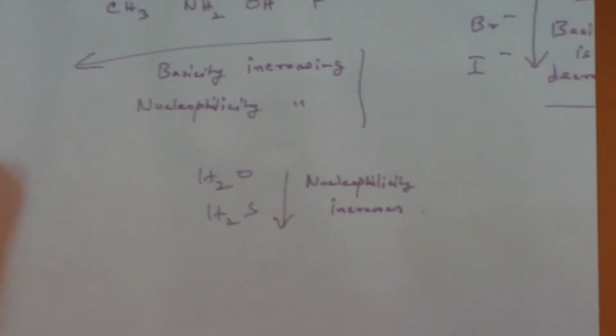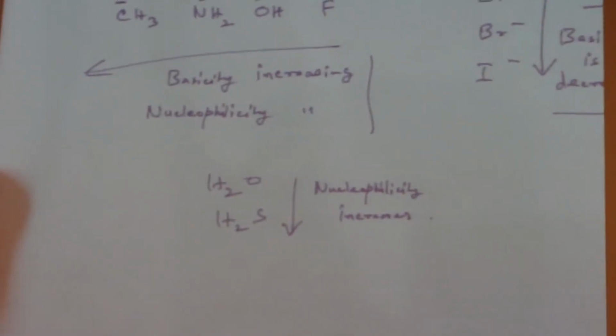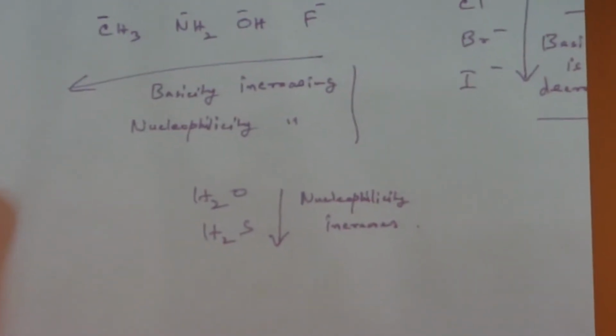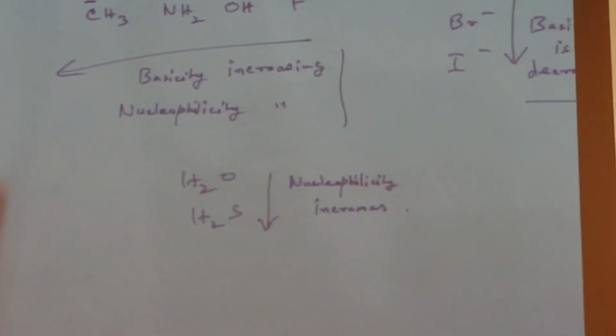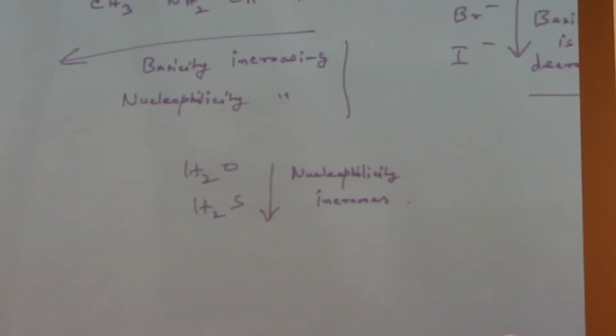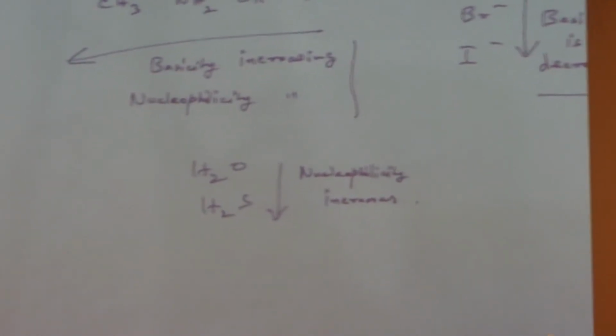The same way you can look at nitrogen and phosphorus. If we look at NH2 minus versus PH2 minus, phosphorus is a better nucleophile. So those orders are relatively easy to figure out.